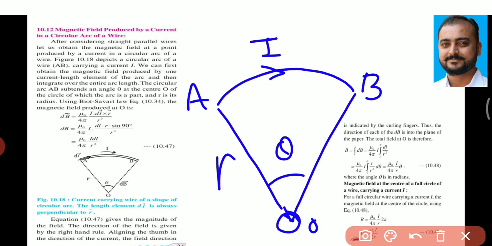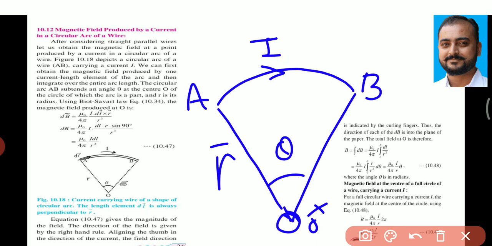For that arc AB carrying current, what is the value of the magnetic field produced at point O, the center of the given circle?